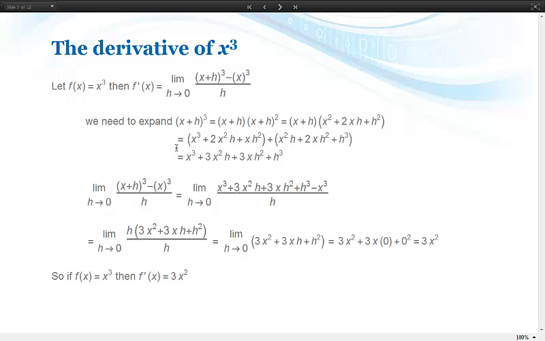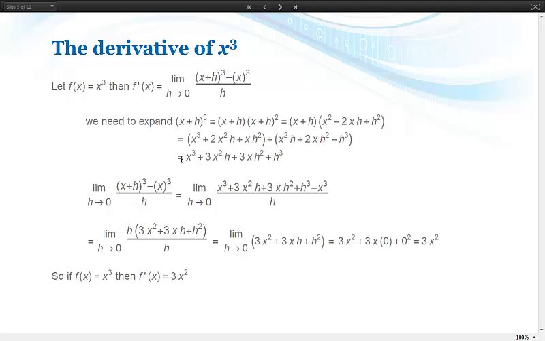So if I distribute the x, I get x cubed plus 2x squared h plus x h squared, and then I distribute the h through this second term. I get x squared h plus 2x h squared plus h cubed. And now I can pull these all together.